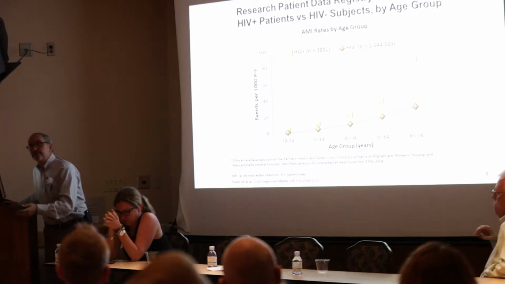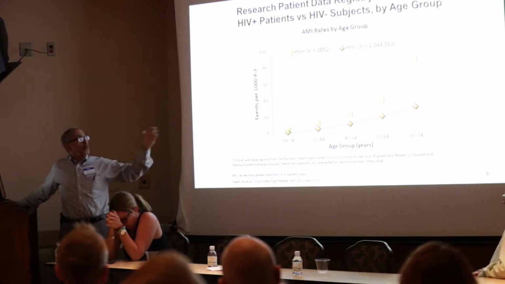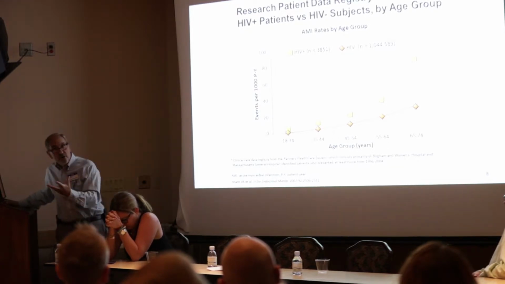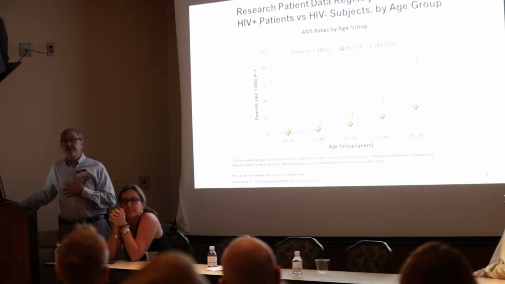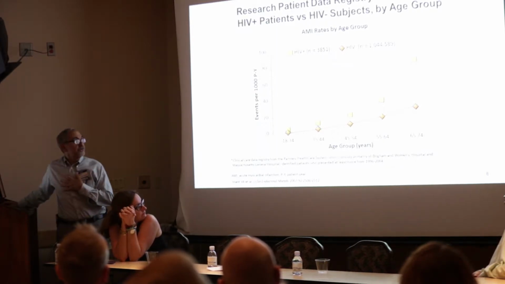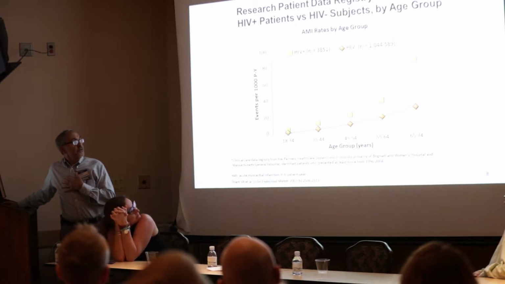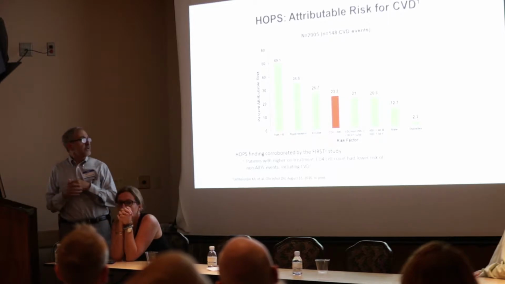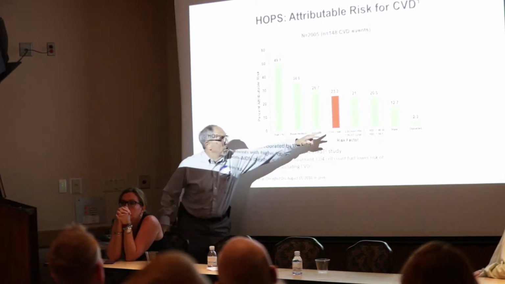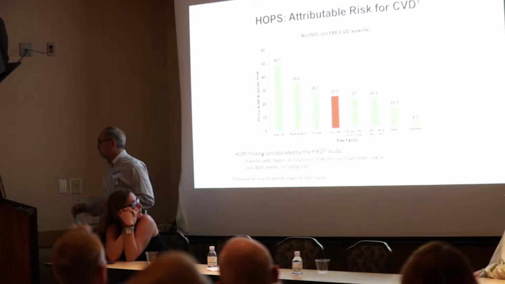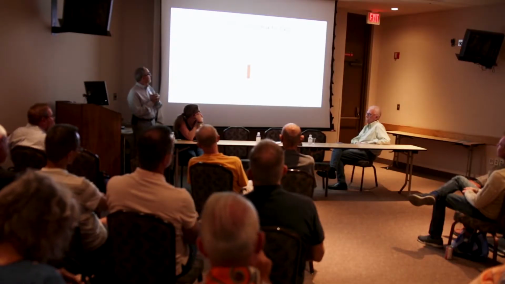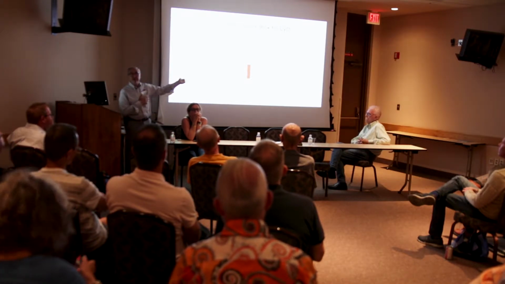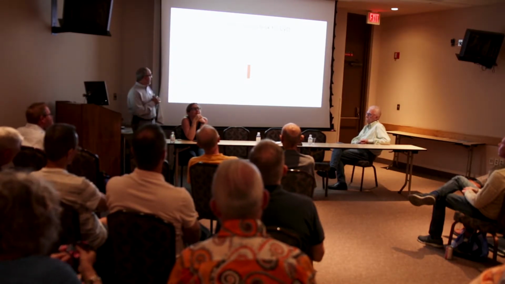So, cardiovascular disease, a disease associated with aging. Once again, we know that people have a higher rate of myocardial infarctions, or heart attacks, if they're HIV infected compared to people of the same age in the general population. This has been shown over and over again. And what we showed again in the HOPS was that the lower CD4 count, less than 500, in fact most of that was less than 350 T cells, was a risk factor consistent with all the other risk factors associated with cardiovascular disease.